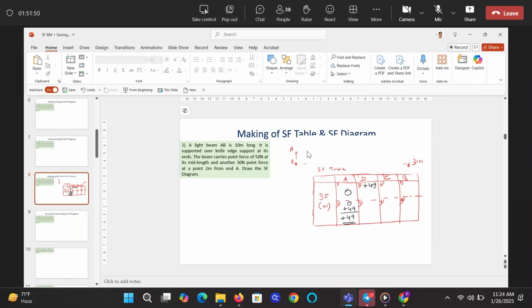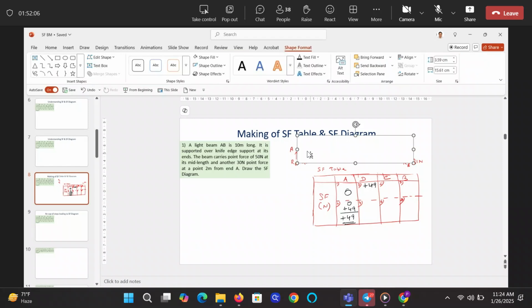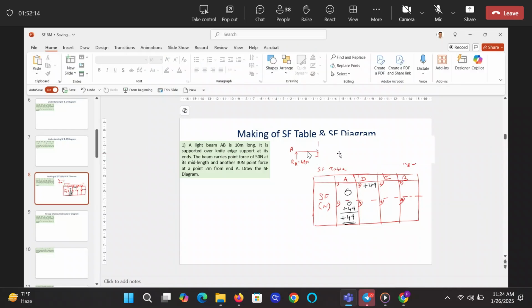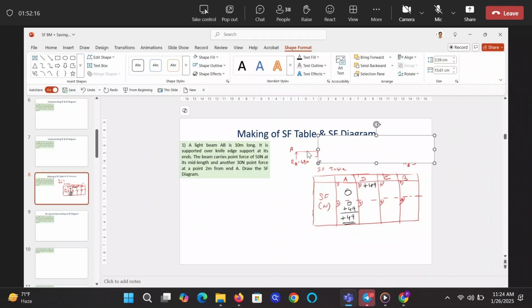Now, I carry this plus 49 here. Now I'll see what is the change as I uncover. I'm not saying total, I'm saying change, because up to just right of A, plus 49 is already accounted for. Now I just go to just to the left of D. Take your paper like this and go to just to the left of D. Is there any new force coming? Let me cover that completely.